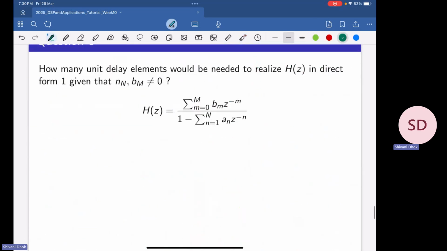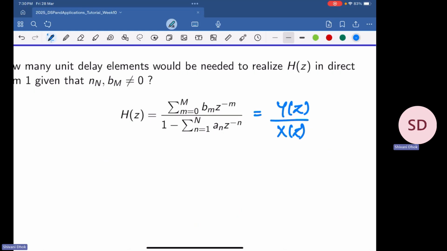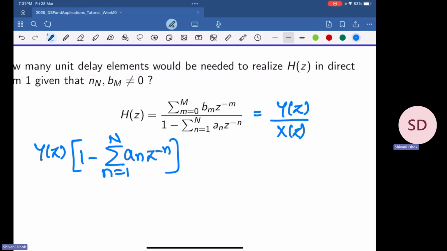So let us do that. Here we have Y of z upon X of z. We'll repeat the same process. When we cross multiply it, what do we get? We get Y of z multiplied by 1 minus summation n equal to 1 to capital N, a_n z to the power minus n.